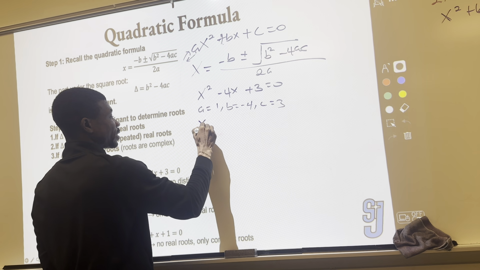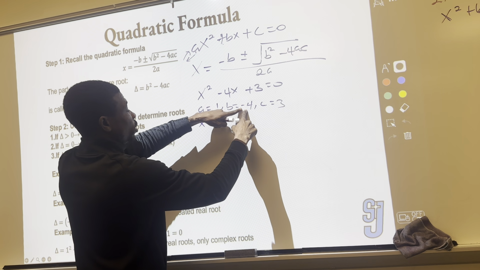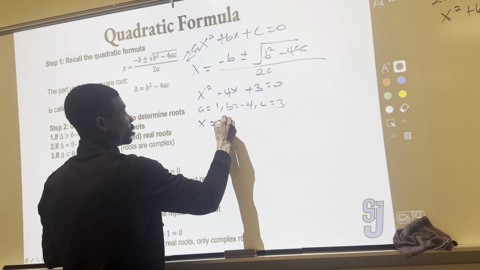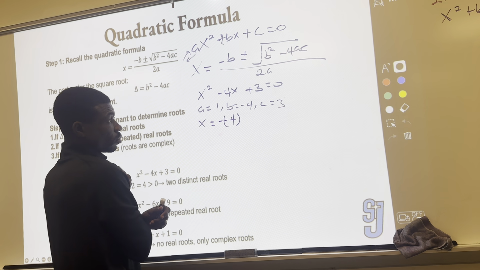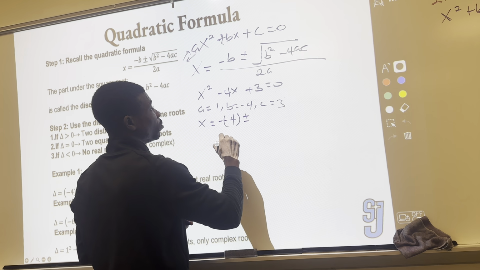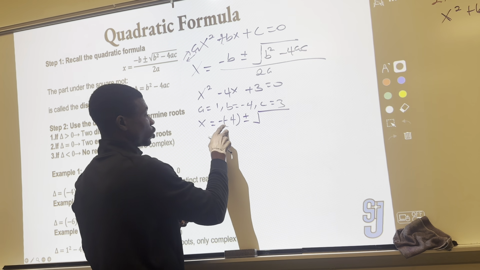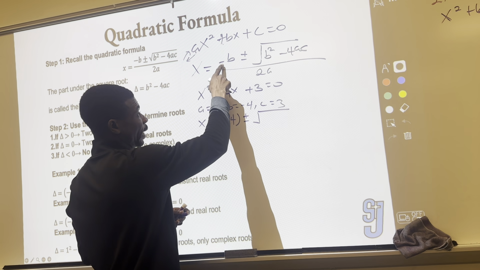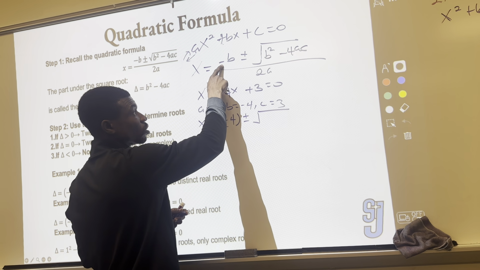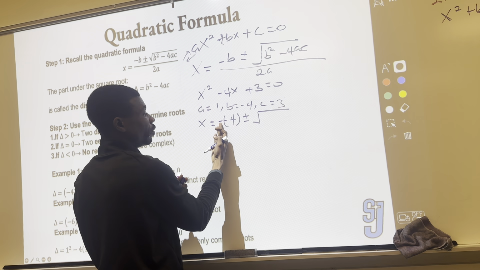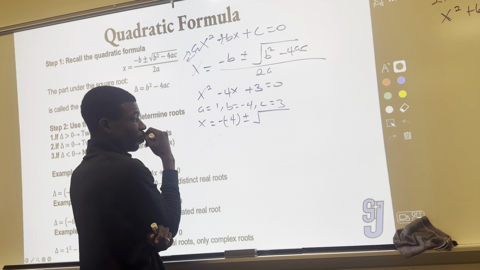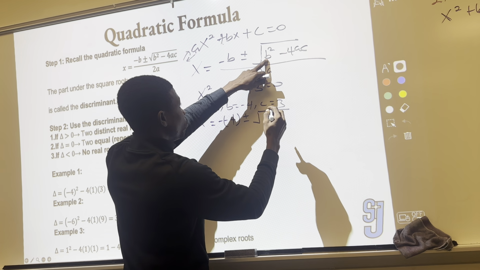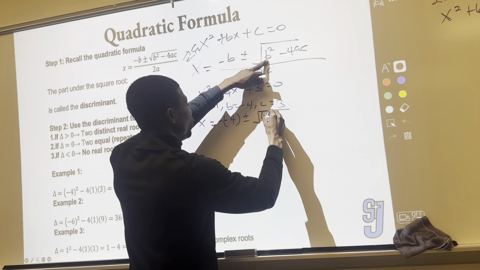And so I have x equals minus b, so -4, plus or minus the square root of b squared, -4 squared, minus 4 times a times c. Because the b part is -4, and this one is also -b, if you plug in -4, you distribute this negative to -4.